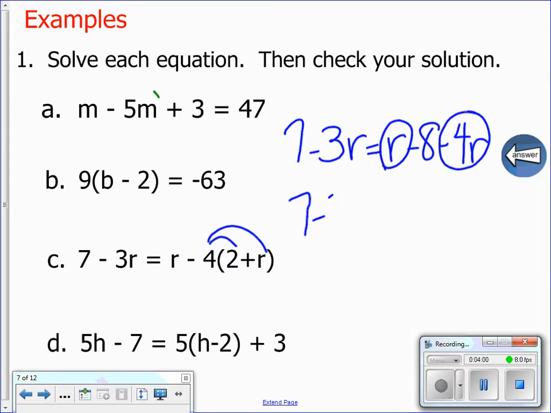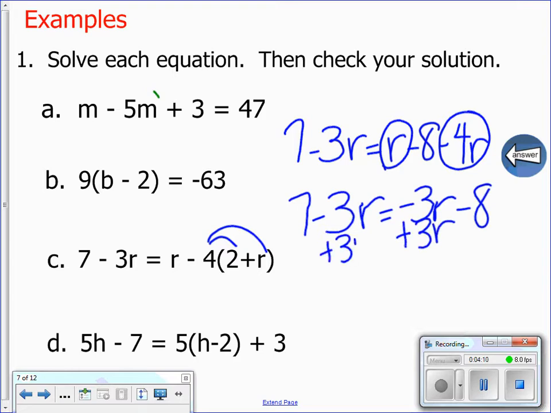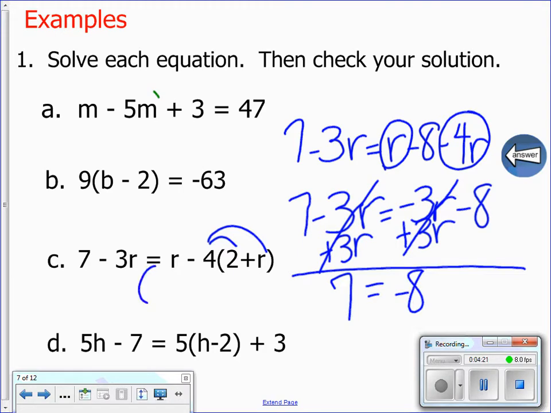I get 7 minus 3r equals negative 3r minus 8. I add 3r to both sides. That becomes 0, that becomes 0. I get 7 equals negative 8. 7 does not equal negative 8. That means this is an empty set and there's no solution.